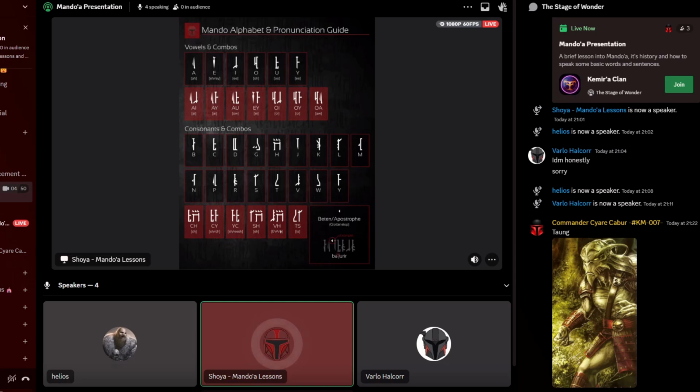There's no F, X, Q, or Z in Mando'a. And because the most popular Mandalorian ever's name, Fett, starts with an F, that's why the VH exists. They got around the pothole there somehow, didn't they?